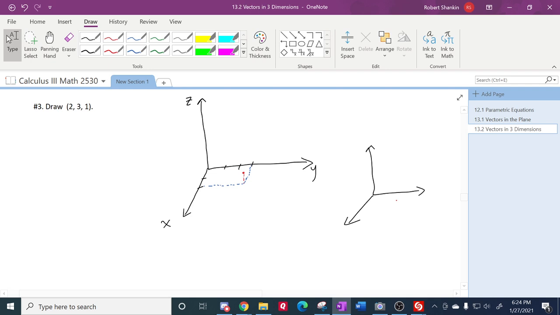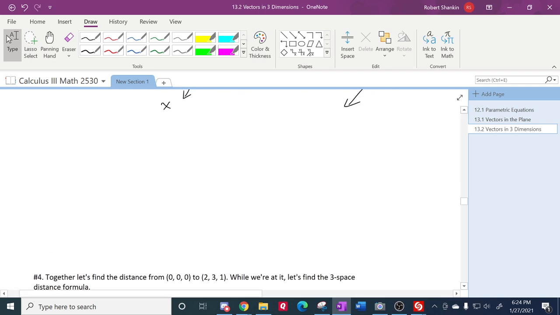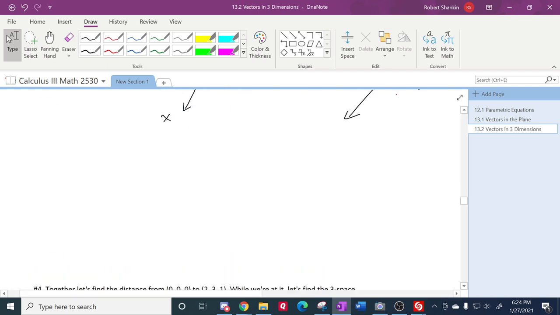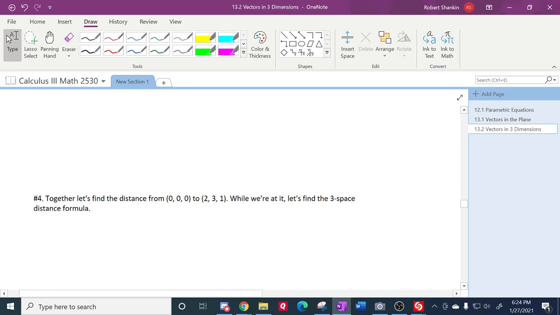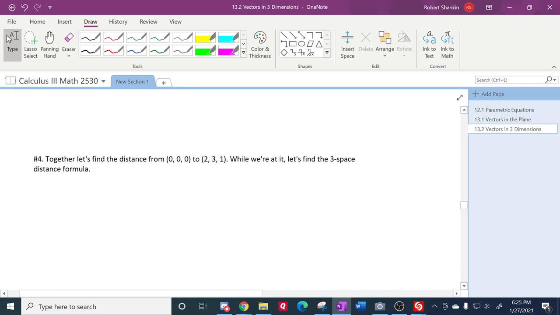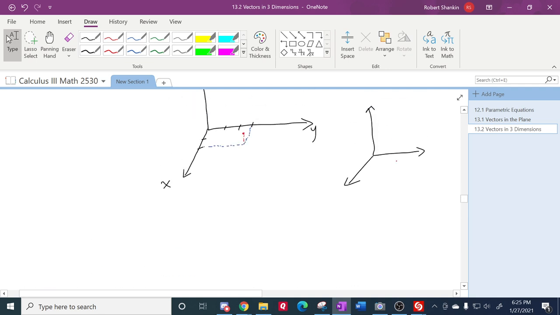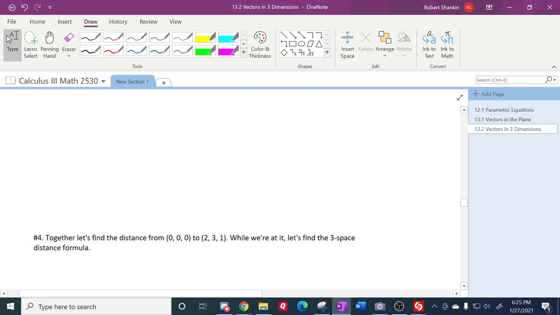Now, together we're going to find the distance from the origin to 2, 3, 1. We have a picture of 2, 3, 1. And while we're at it, we'll come up with the 3 space distance formula.